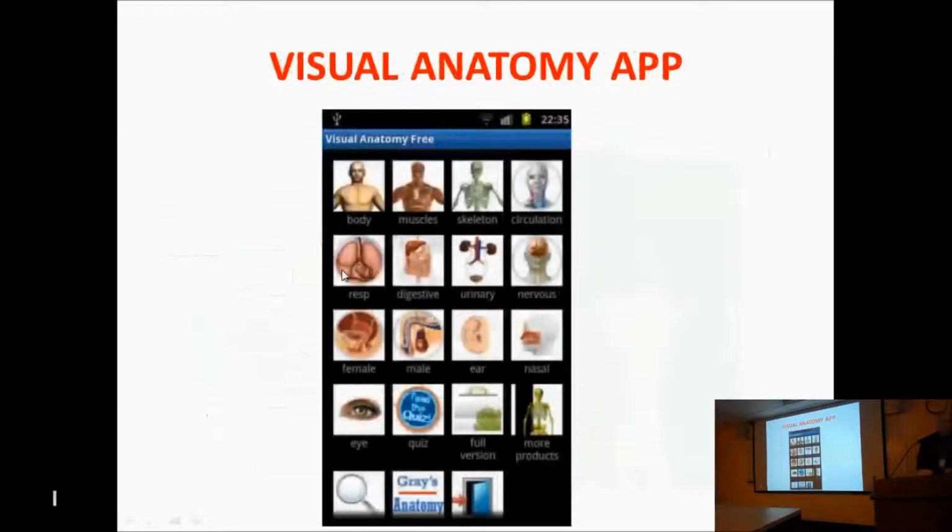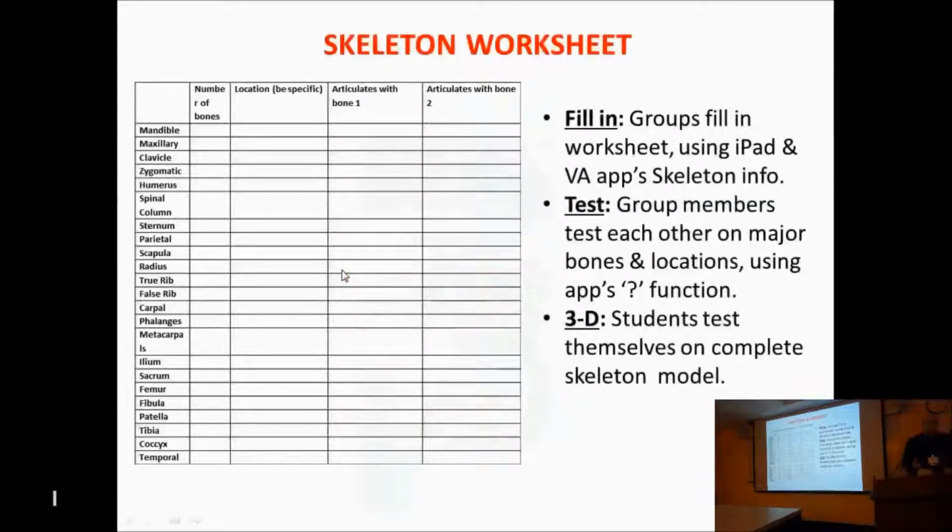And this is the way the screen looks. There are other organ systems. If we develop this further for the AMP sequence, students will be able to access all sorts of organ systems like the nervous system, etc. So this is the worksheet that we developed for the skeleton.